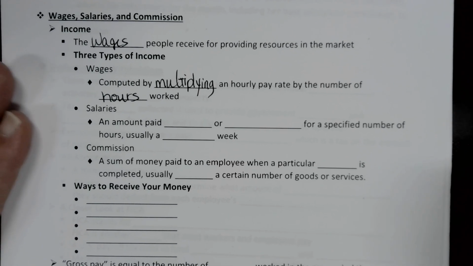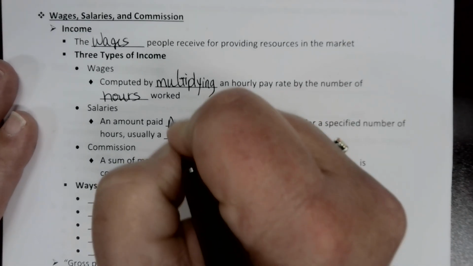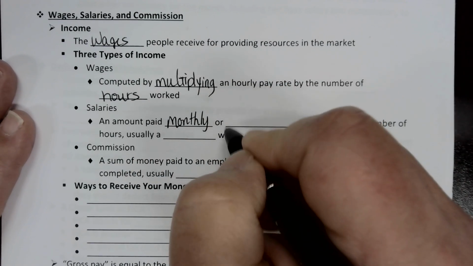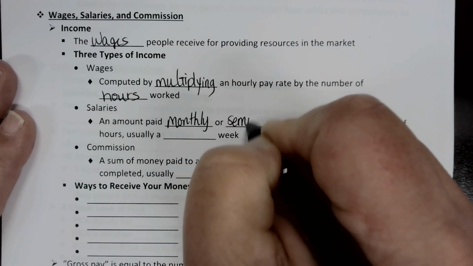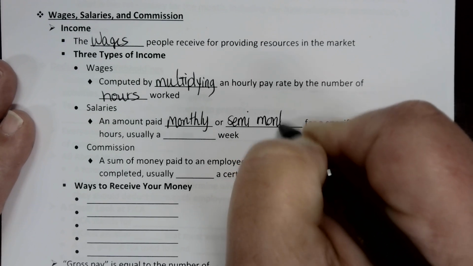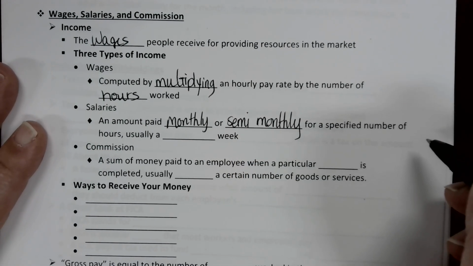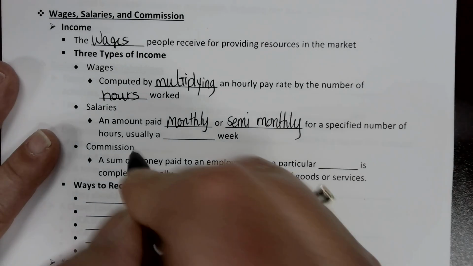Salaries are an amount that you get paid monthly or semi-monthly, twice a month, for a specified number of hours, usually a 40-hour week.